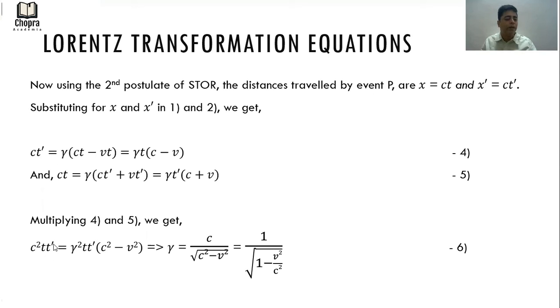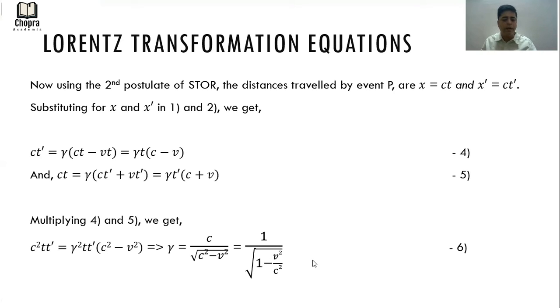I can take out c from the denominator. This is square root of c square, so c will come out, it gets cancelled. So I have gamma is equal to 1 by root of 1 minus v square by c square. So that is what your equation number 6 is. So I have the value of gamma. Once I have the value of gamma, I can substitute back the gamma value from the equation number 6 into equations 1 and 3.